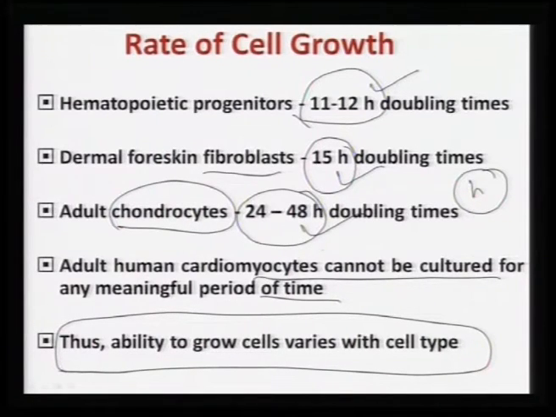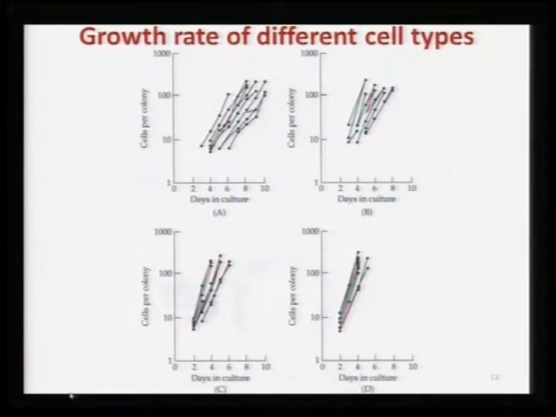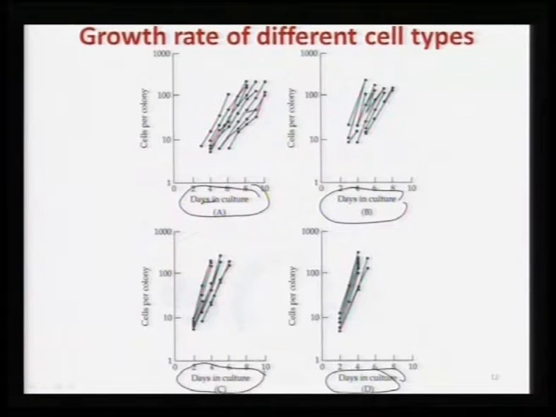Now, this is again just to show you that if you culture cells in a particular culture medium, the growth rate is also different depending on the type of cells. I have not put the different cell names here. What it shows here, A, B, C, D, are different graphs obtained with 4 different cell types, and you can see qualitatively the graphs are similar, because cells per colony increase with time in the culture.